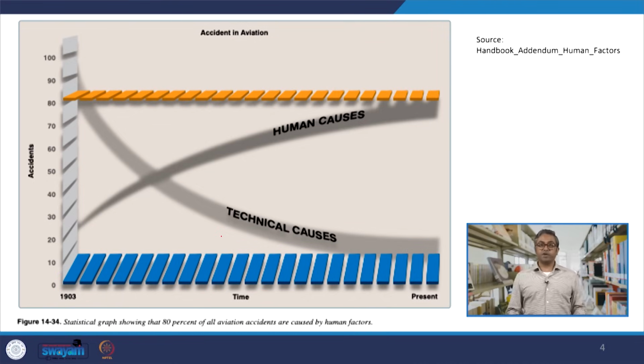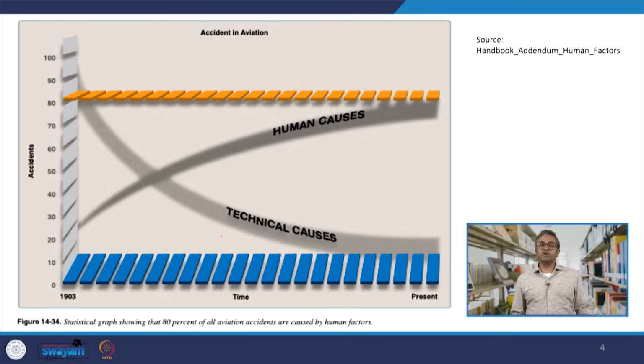But this is from 1903 till the present period. Now, modern technology and modern automation are all providing aid to reduce human error, but if these incidents are still happening, then it is important for us to understand the reason behind it.